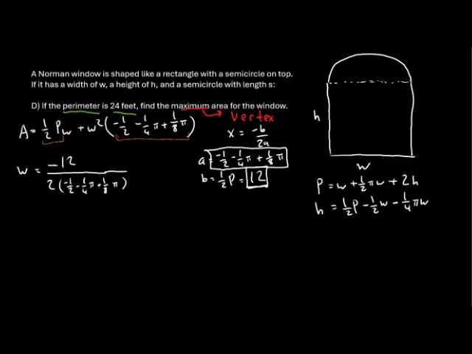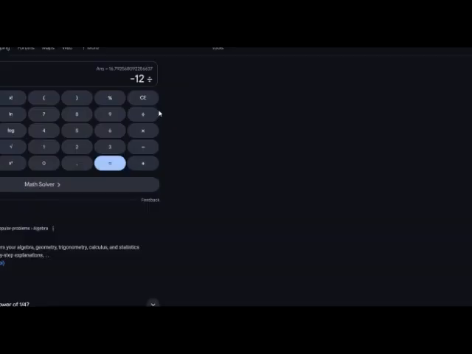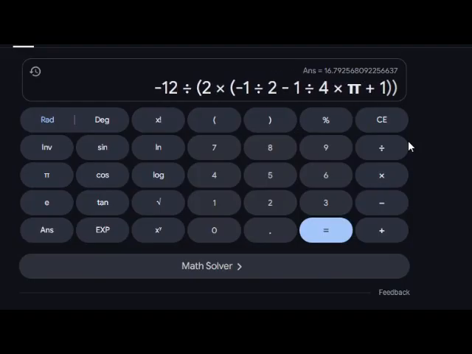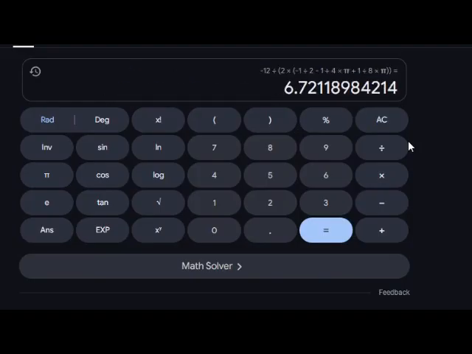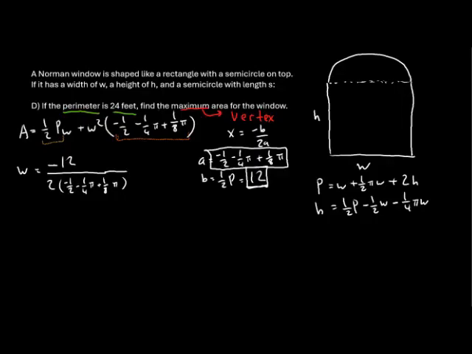We're going to need a calculator to simplify this. This calculation gives us a width of 6.721. Our answer will be in feet.